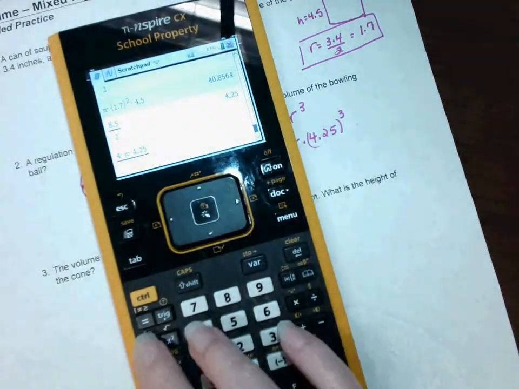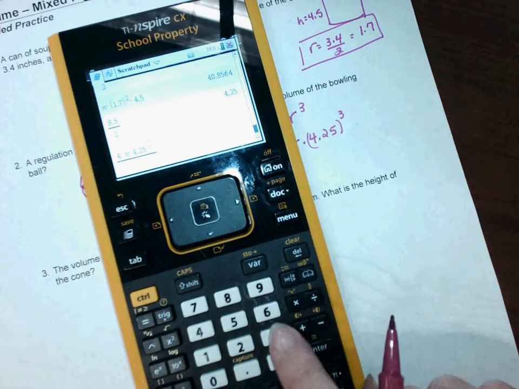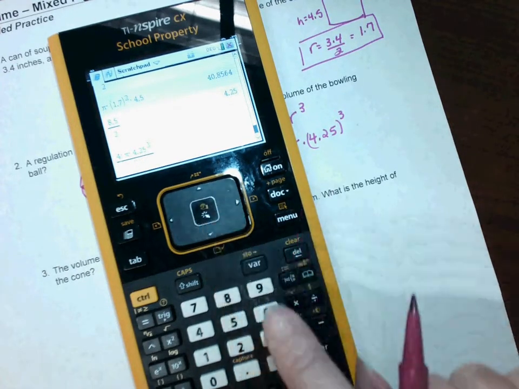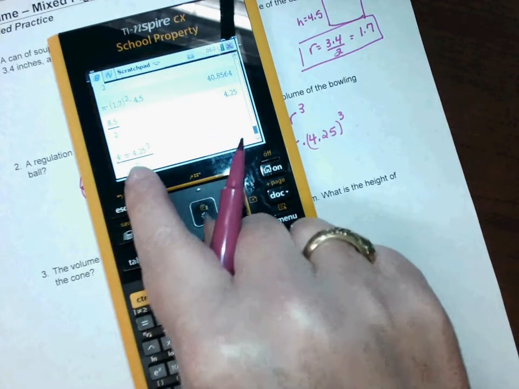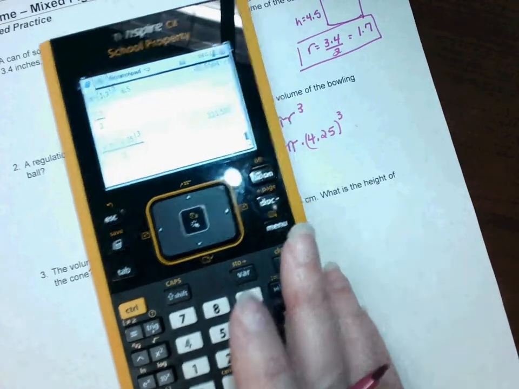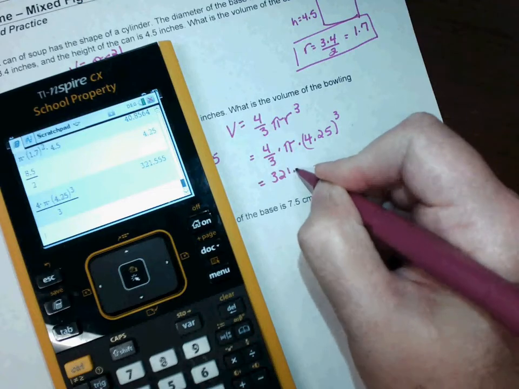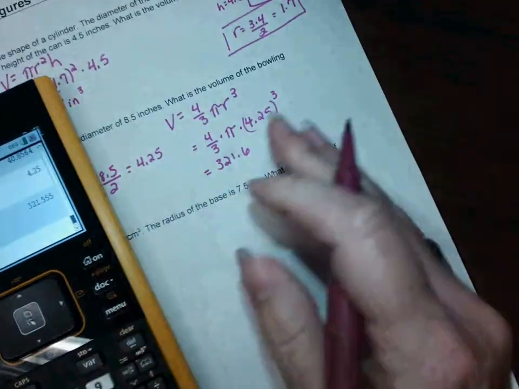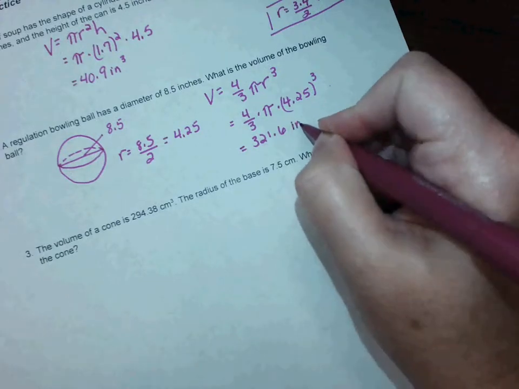We use this key for the exponent box, cubed, and then arrow down, and you put the 3 on bottom. 4/3 pi r cubed. And you get 321, and that is inches cubed.